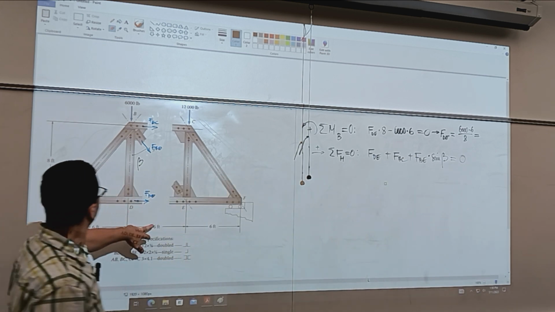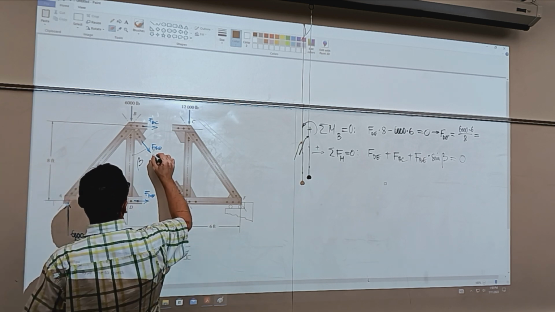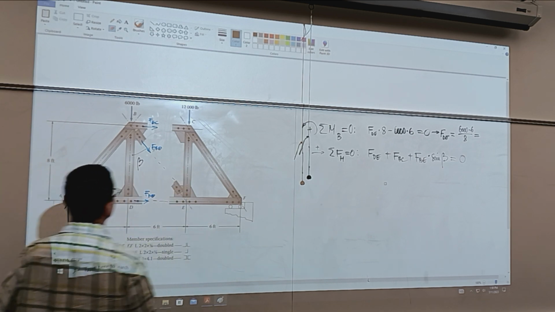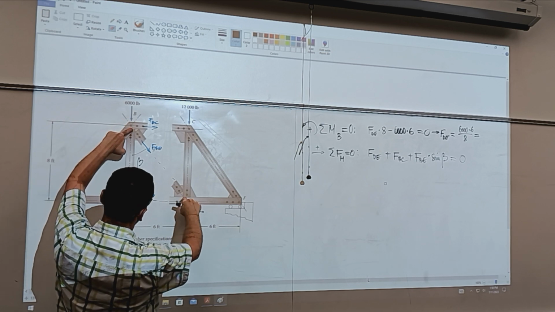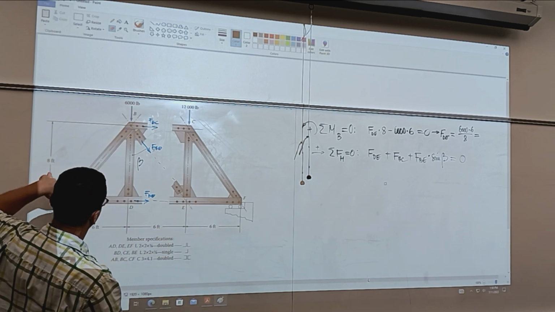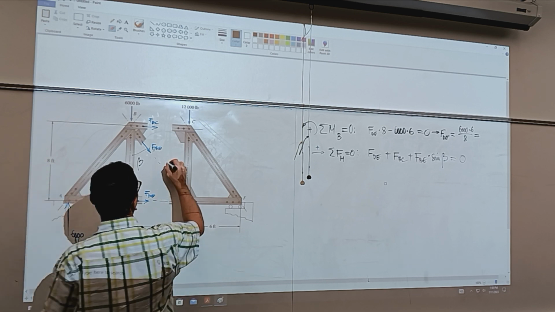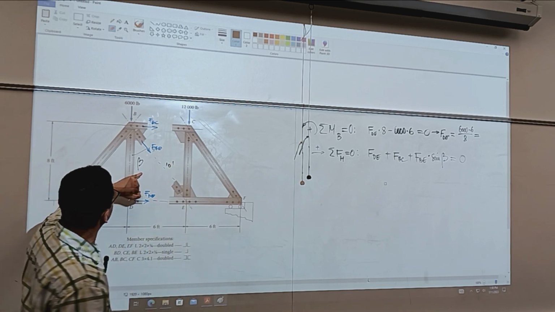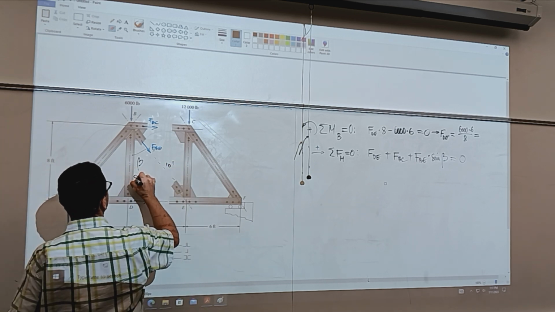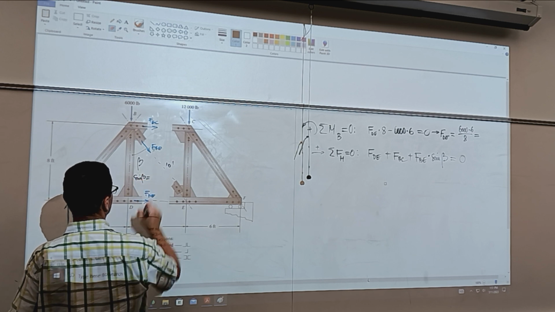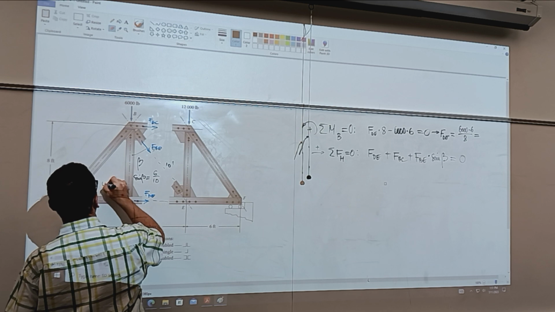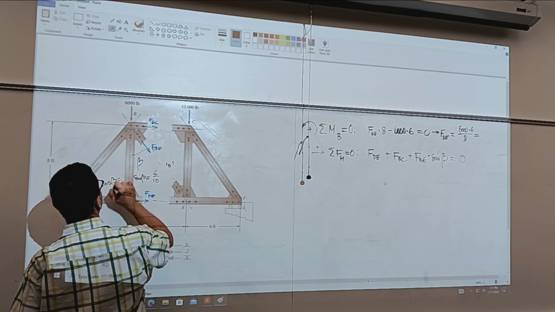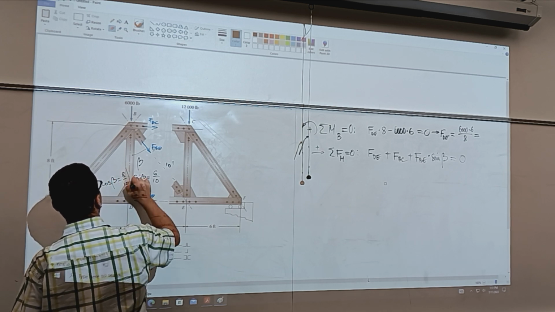We have a triangle, and this distance BE is going to be, we've got it before, 10. So sine of beta is going to be 6 over 10. Cosine beta is going to be 8 over 10.